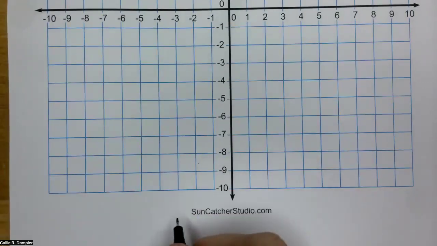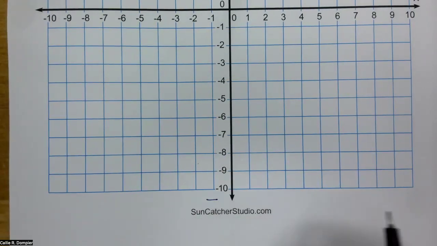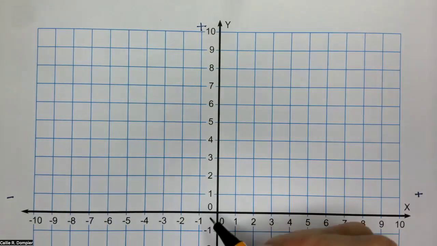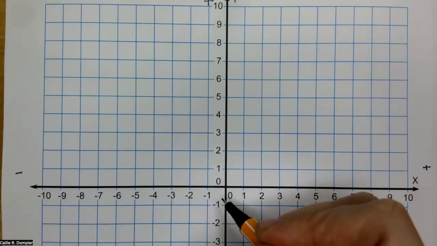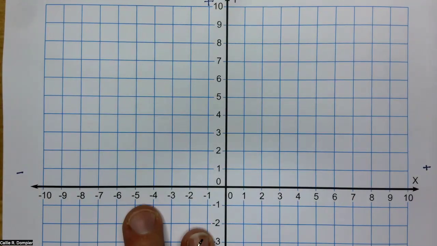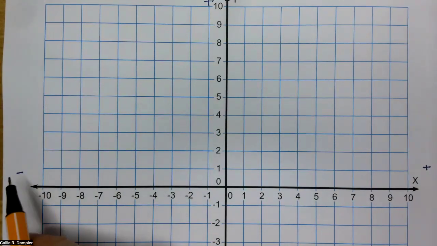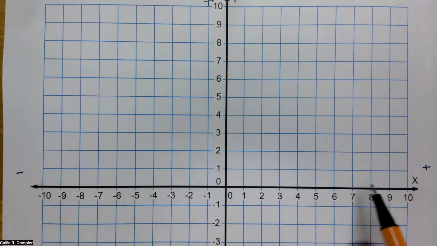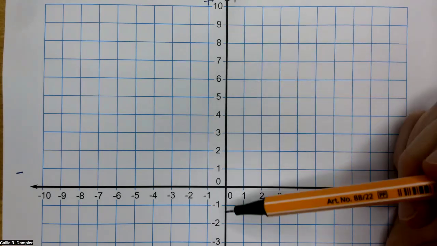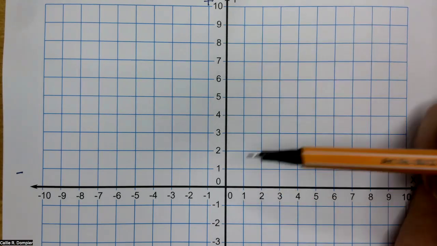As you go down, it goes lower, greater than, less than. So 1 is greater than 0, but -1 is less than 0. That's what we mean when we talk about the coordinate plane. The x value means where it is on the x-axis, or where it is from left to right. The y value means where it is on the y-axis, or where it is up and down.